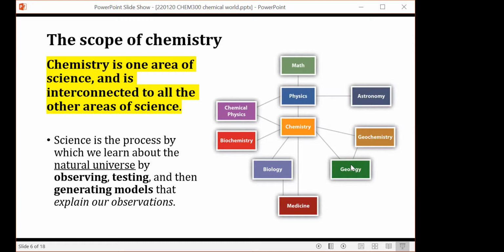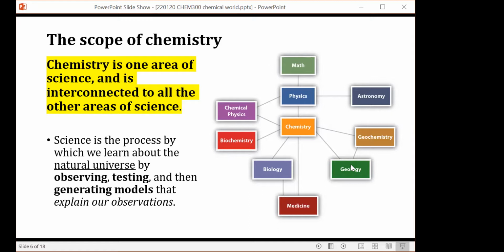Everything around us just about is matter. If it's not matter, it's usually energy, and chemistry is also the study of how energy and matter interact with each other. And so that's why chemistry classes are so important, because based on what you learn in chemistry, you're going to build and connect that to things like physics, biochemistry, biology, medicine, geology, geochemistry, you name it.